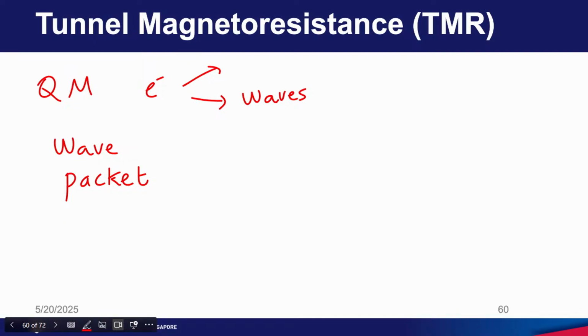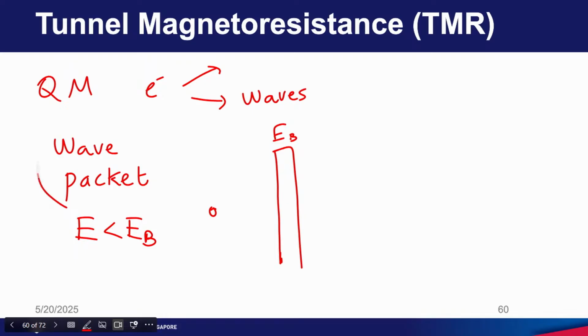Let us say in this case we have a barrier, and let us say we have an electron. This electron's energy in this case is lower than the barrier height. Classically the electron is not supposed to cross the barrier, but quantum mechanically we know that electrons have wave property.